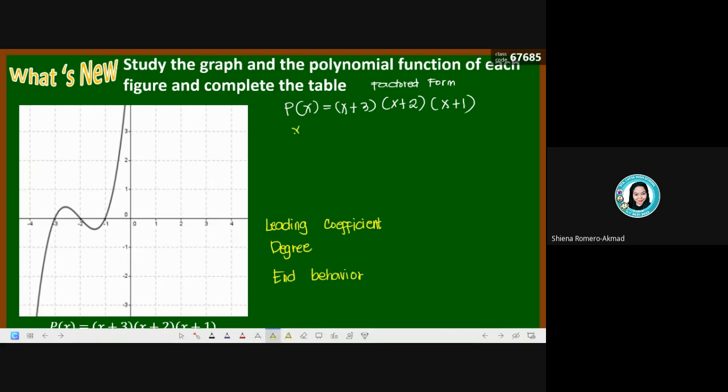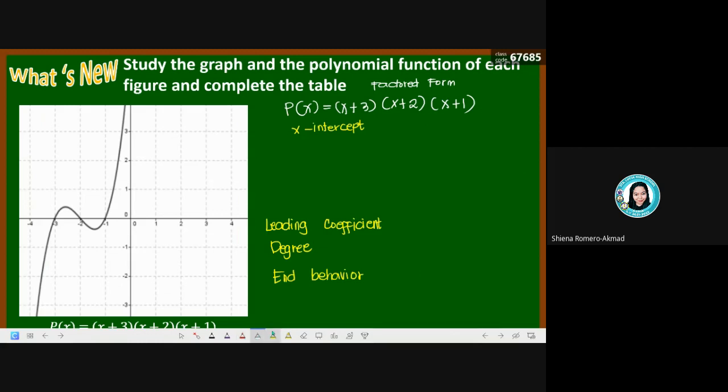By the way, what is an x-intercept? Sa graph, si x-intercept ay yung values ng x kung saan tumatama o dumadaan yung ating graph. Okay? So, yung word ko is tumatama or dumadaan.